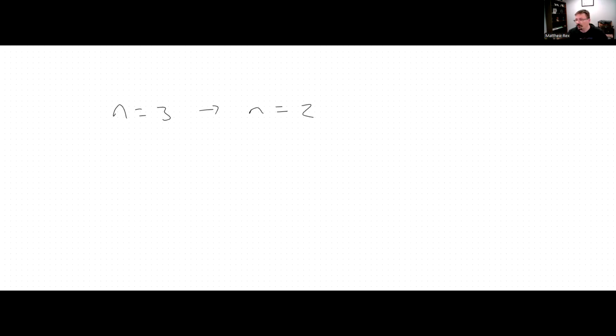So for this, we're going to use this equation right here. Change in energy for that electron equals -2.18 times 10 to the -18 joules times 1 over our final energy level squared, n_f squared.